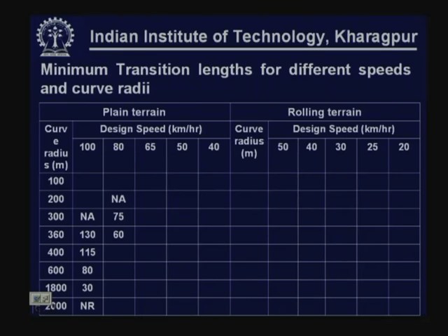Therefore, it depends on the terrain also. So, considering terrain, design speed and different curve radius, the required length of transition curves under different conditions have also been calculated and given in tabular form in the IRC code.